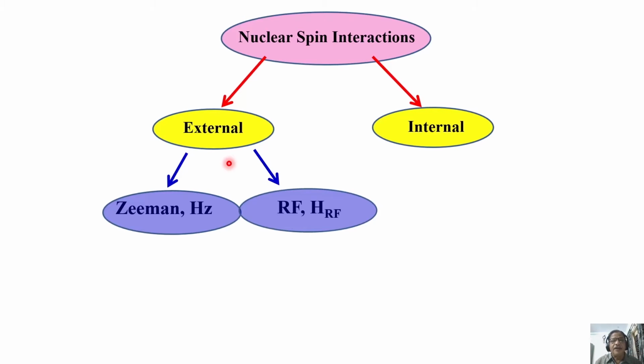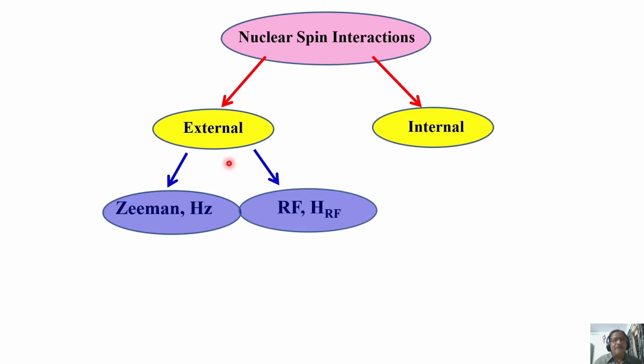That's fine. And we understood what is magnetization, bulk magnetization. But we also discussed, for the detection of the signal, we have to perturb this. We have to create a non-equilibrium situation because bulk magnetization will be thermal equilibrium, so it is static.